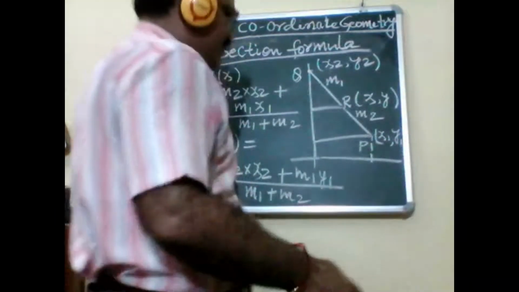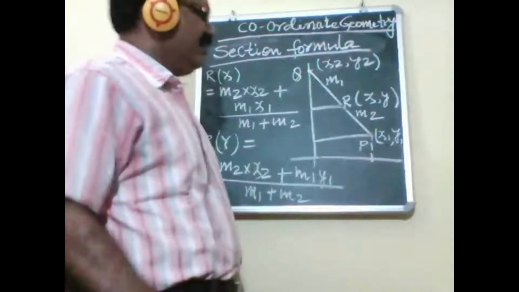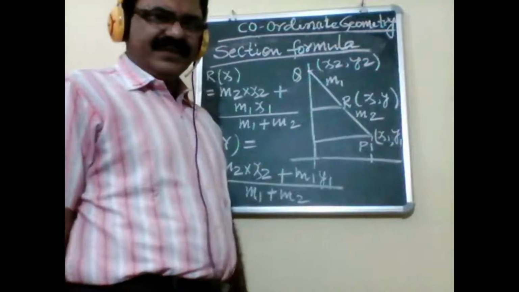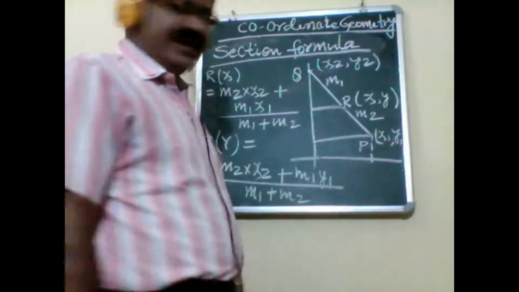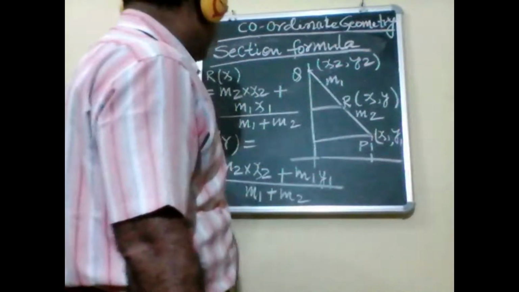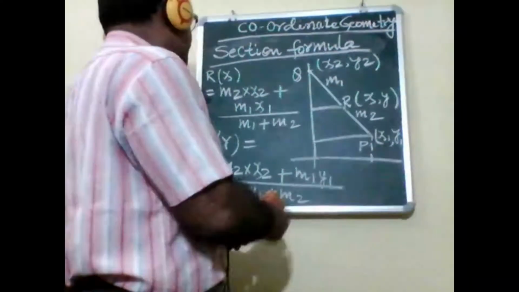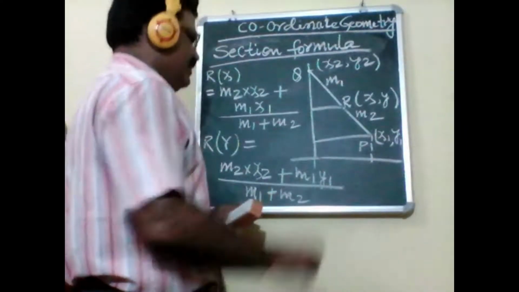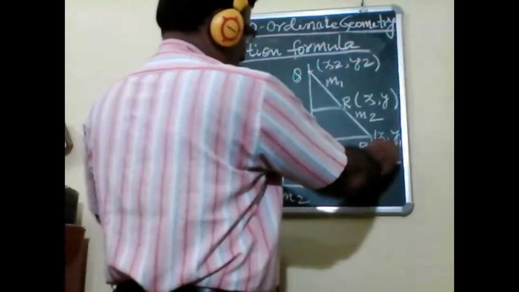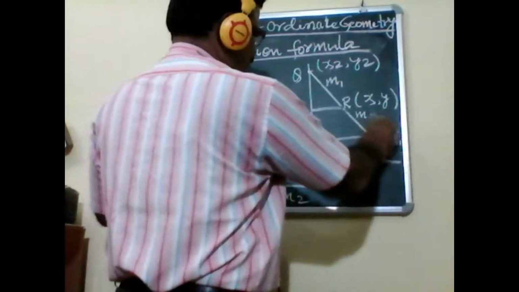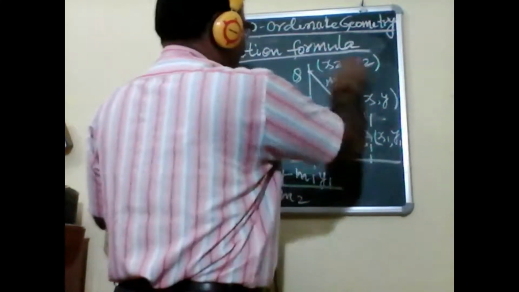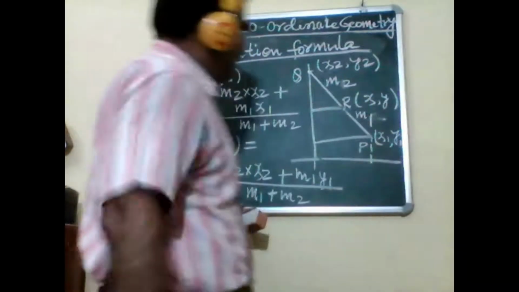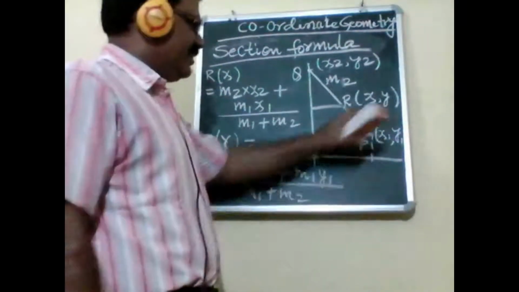It is not any problem. It may change as per our hypothesis. Generally, in general concepts, suppose it is x1 y1, we take here m1, and it is x2 y2, we take here m2.